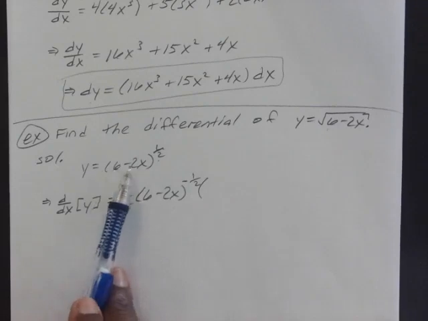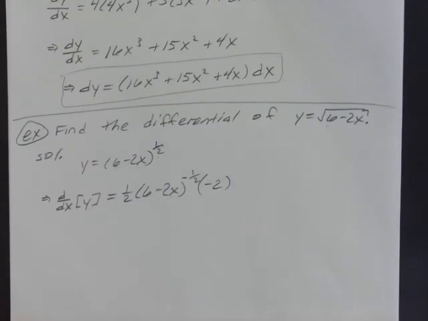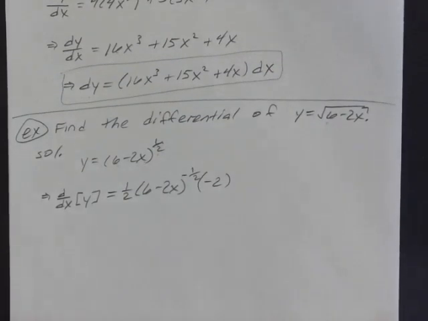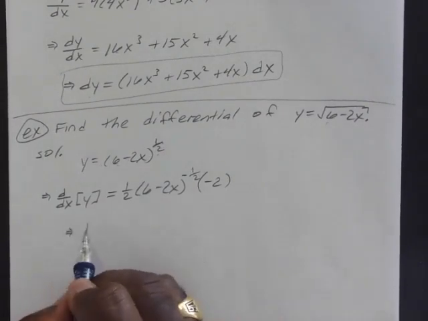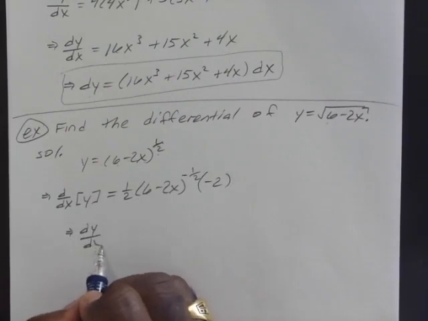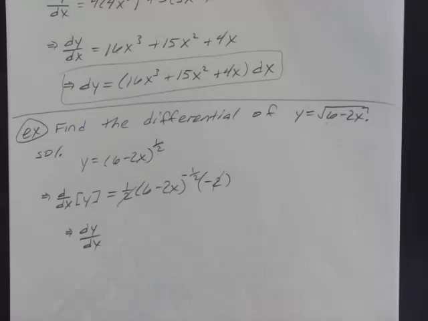So the derivative of 6 minus 2x is just negative 2. So we know that our dy dx, and actually we can simplify it because this 2 and this 2 cancel each other out.